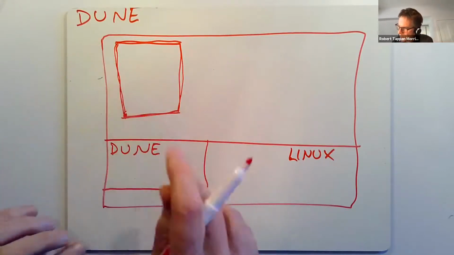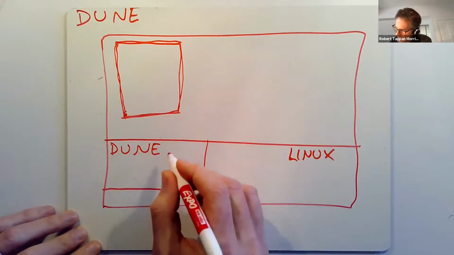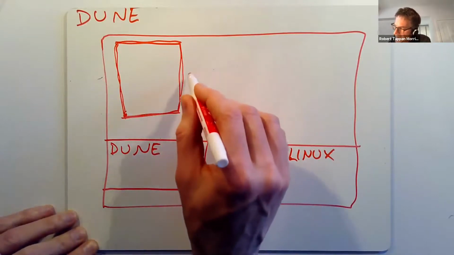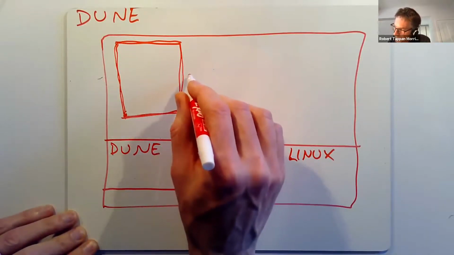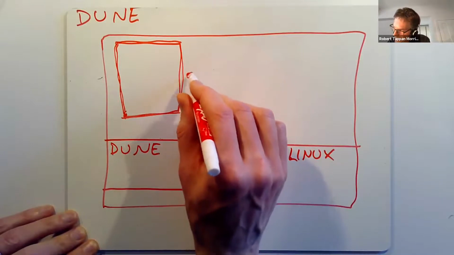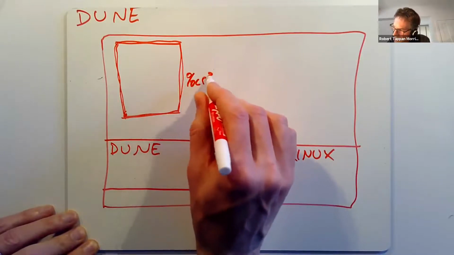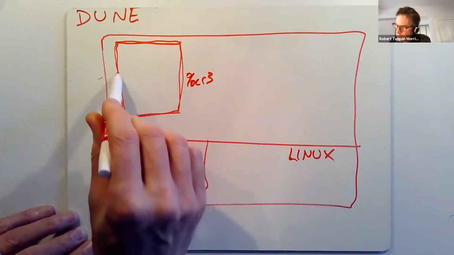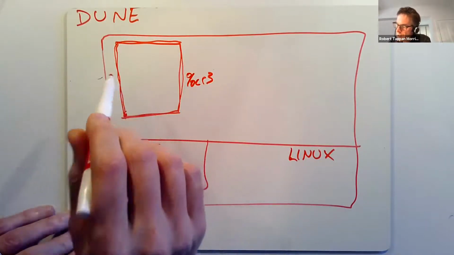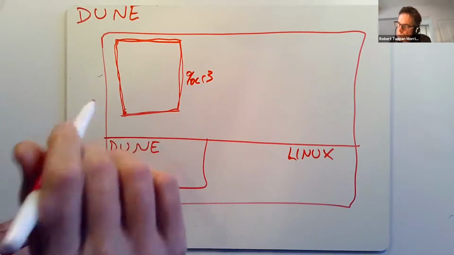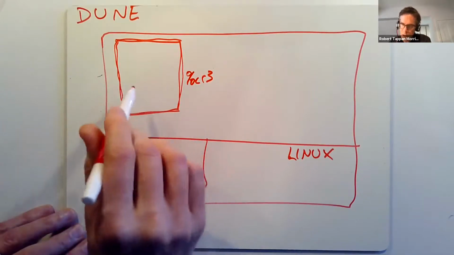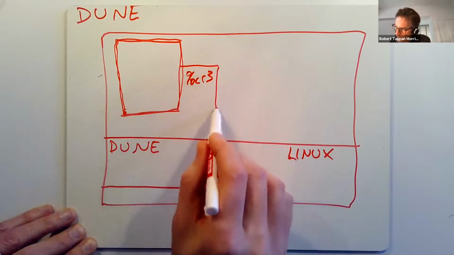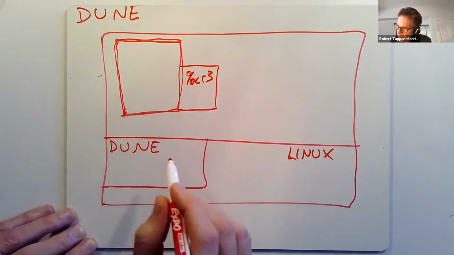So for this process, Dune maintains a virtual set of all the control registers, like its own CR3, and therefore its own page table, because this process is going to run in non-root supervisor mode, so it can run all the privileged instructions, although against the virtual state implemented by VTX.